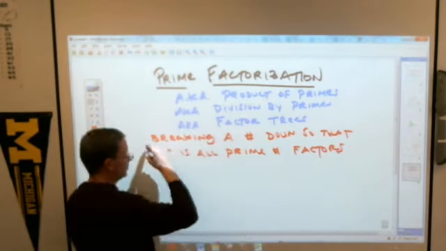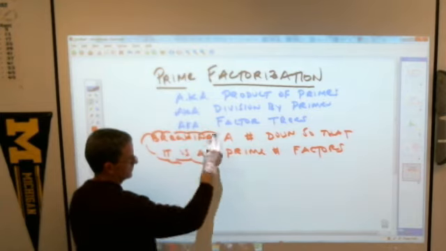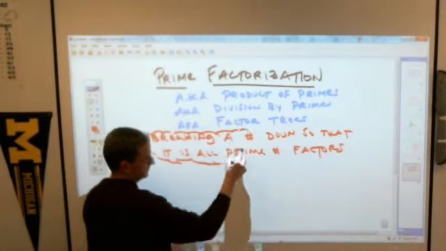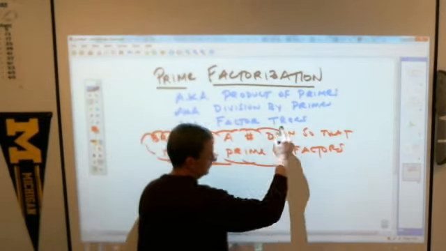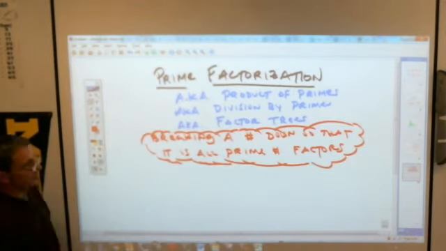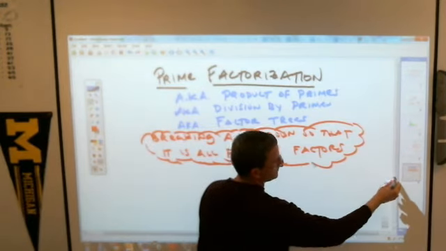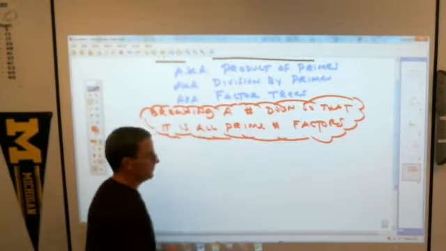That is what this whole deal is. Oh boy, I don't think I can get all the way over there. Make big groups. Breaking a number down so that it's all prime number factors, and it's a really pretty simple process, but we have to explain a couple of them.